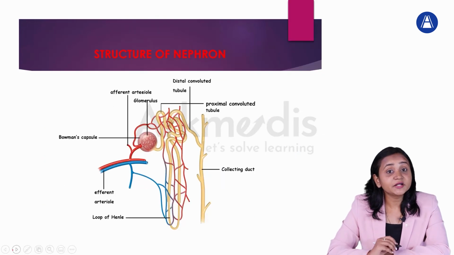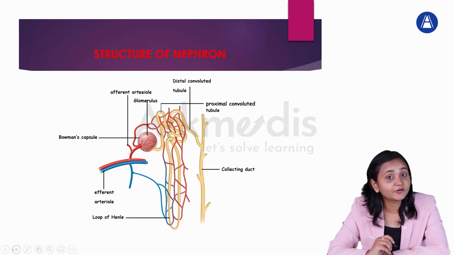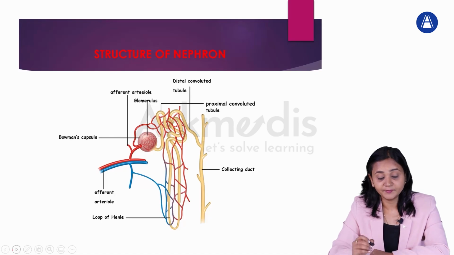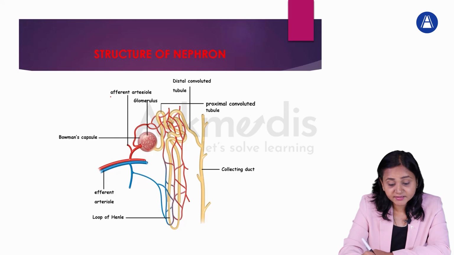The main structural and functional unit of the kidneys is the nephron. One kidney contains about millions of filtering units called nephrons. This is the basic structure of a single nephron. You can see we have the afferent arteriole and efferent arteriole.